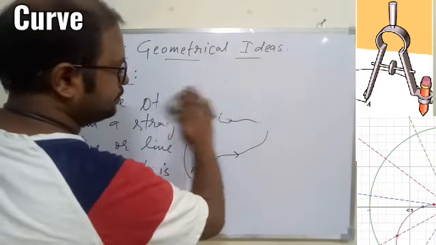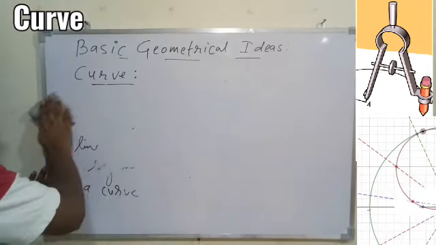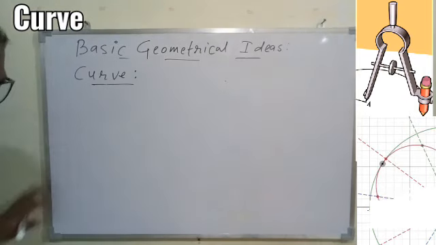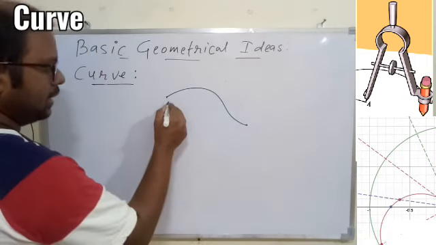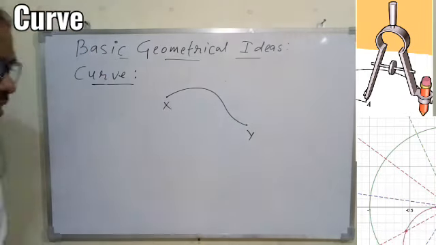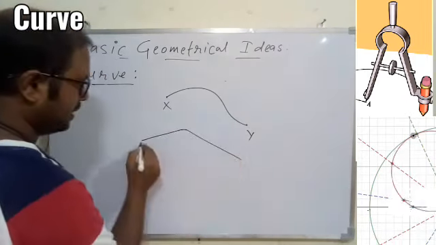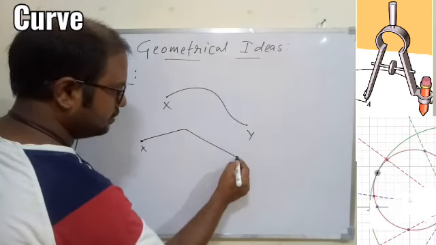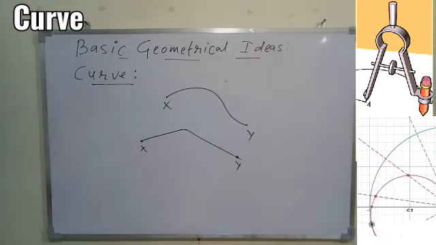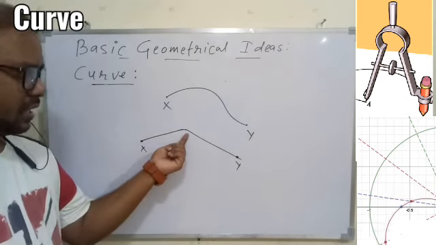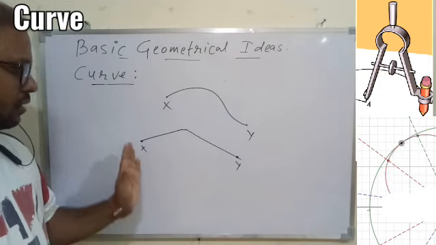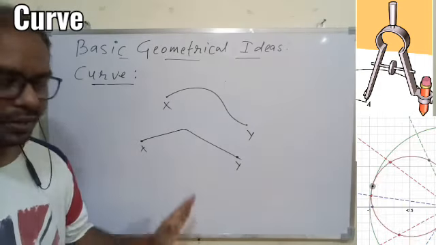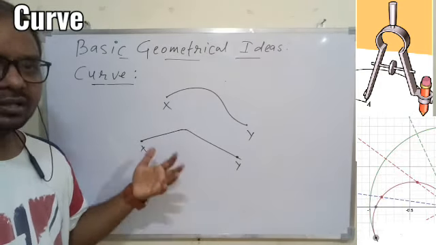Now let's take another diagram. For example, x to y is one of the curves. This is also another curve, because again you are going to change your direction here. Even if you change your direction just once while moving from one point to another, it means you are moving on a curve.